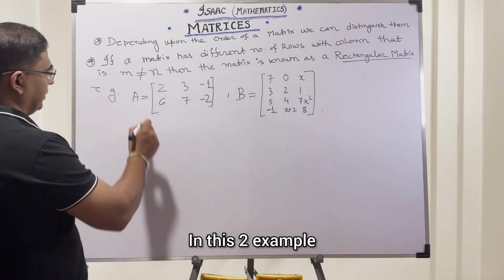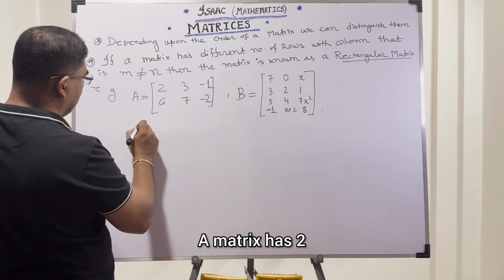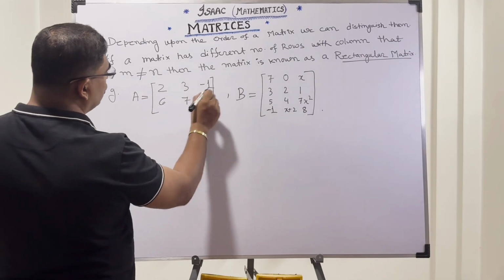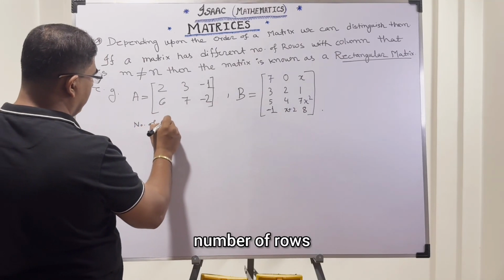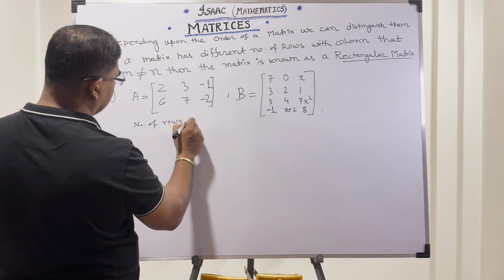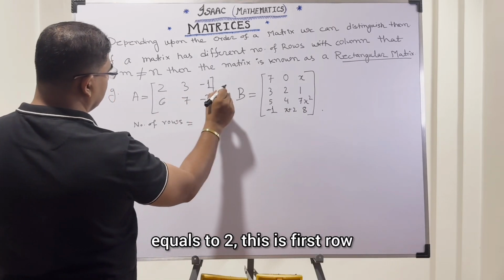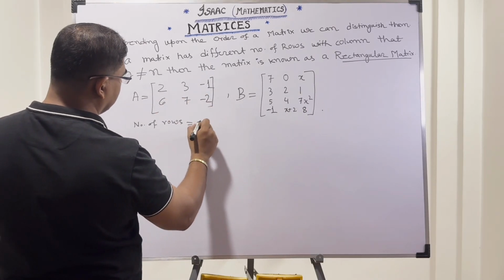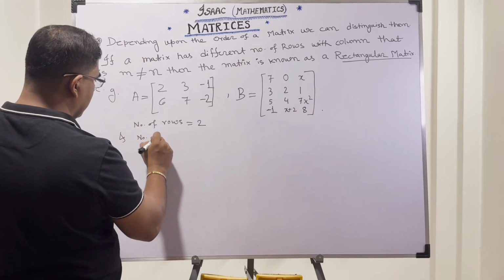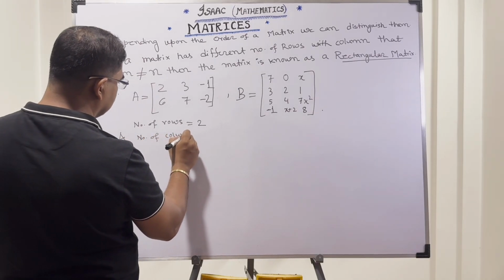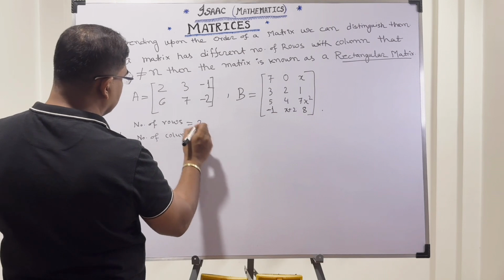In these two examples, A matrix has two rows, number of rows equals to 2. This is first row, this is second row, and number of columns equals to 3.